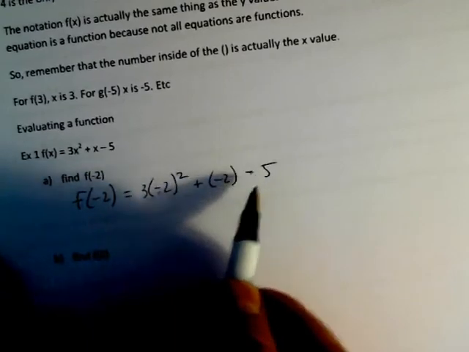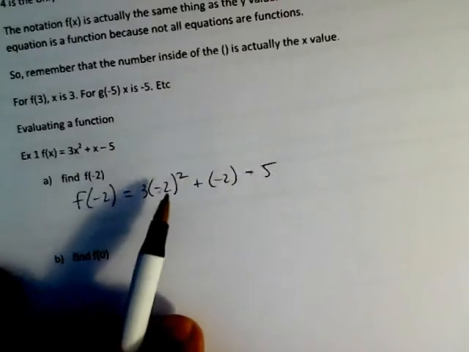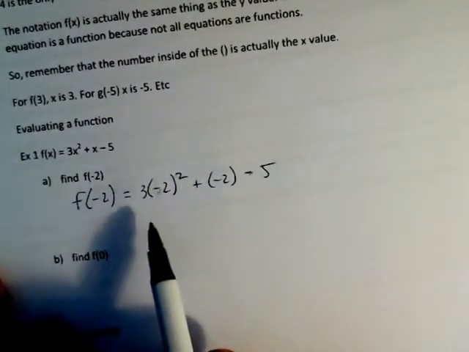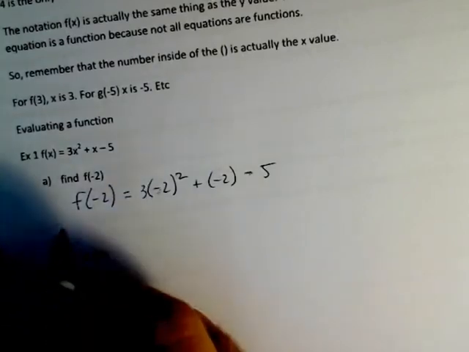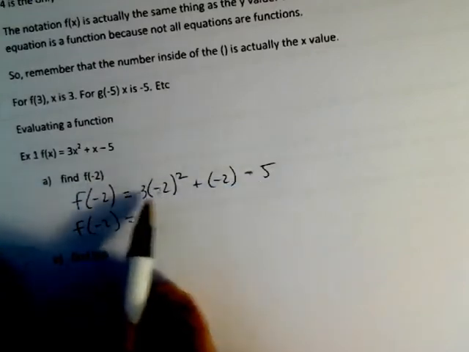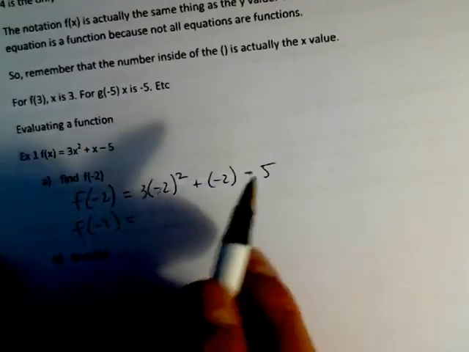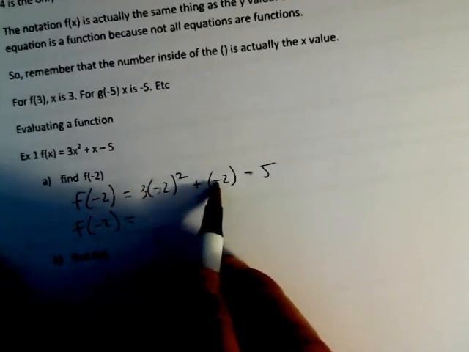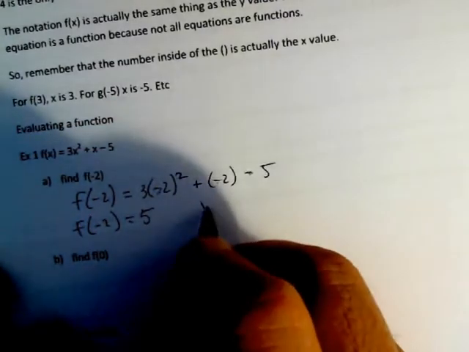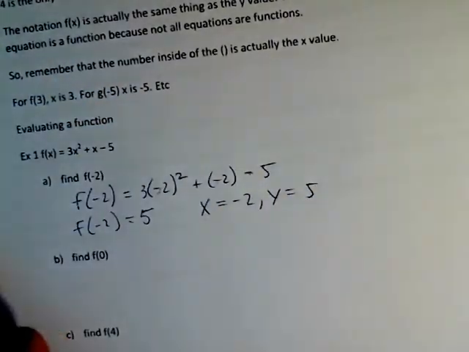This is the subtraction operation. If you're identifying a negative number, you've got to put the minus sign in the parentheses. Okay, so I go ahead and simplify this expression here. Negative 2 squared is 4 times 3 is 12 plus negative 2 is 10 minus 5 is 5. So what we end up with is x is negative 2, y is 5.